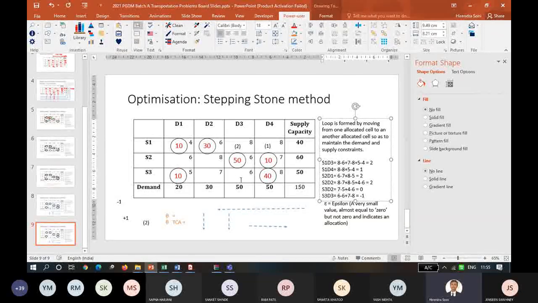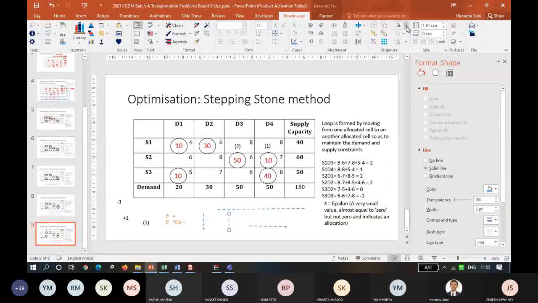So that means जहां भी minus 1 आ रहा है वहां पर हम readjustments करेंगे. Fine. So we'll form the loop and do the readjustments. ये रहा हमारा.